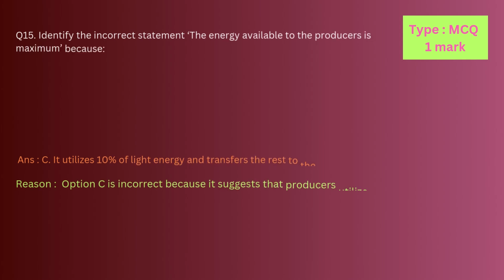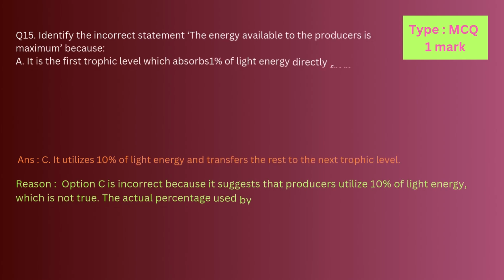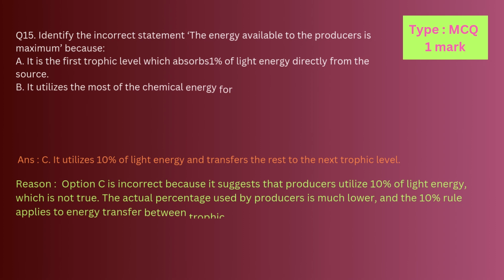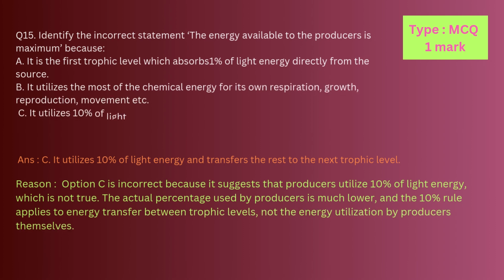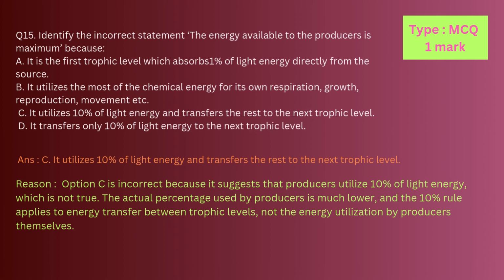The energy available to the producers is maximum because: option A, it is the first trophic level which absorbs 1% of the light energy directly from the source. Option B, it utilizes most of the chemical energy for its own respiration, growth, reproduction, movement, etc. Option C, it utilizes 10% of light energy and transfers the rest to the next trophic level.